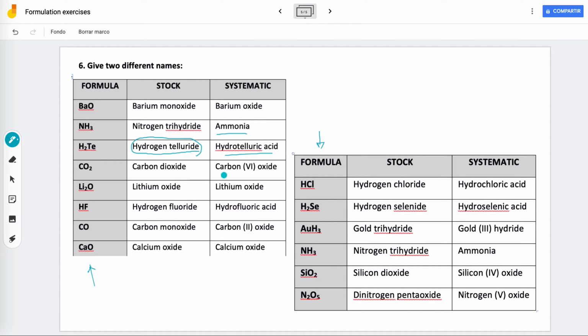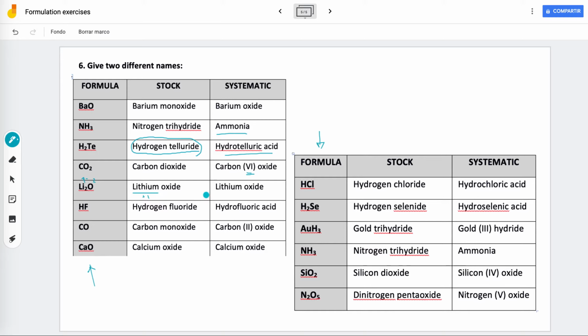Carbon dioxide, carbon with the oxidation number of 4, oxide. Lithium oxide, as you know, lithium is in the first column. Alkali, all of them have +1 oxidation number, and oxygen has 2, with Swift.